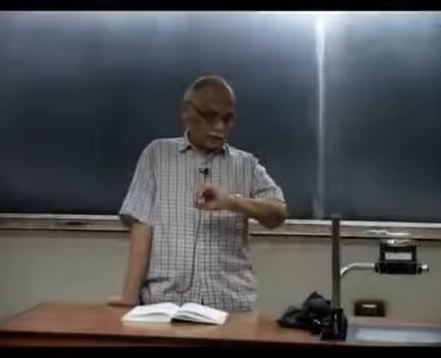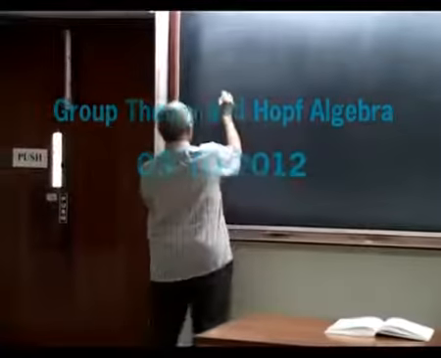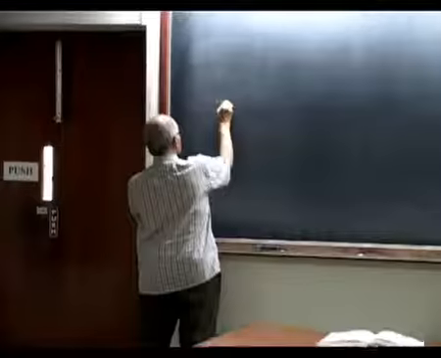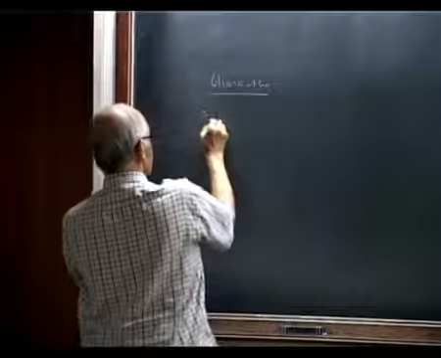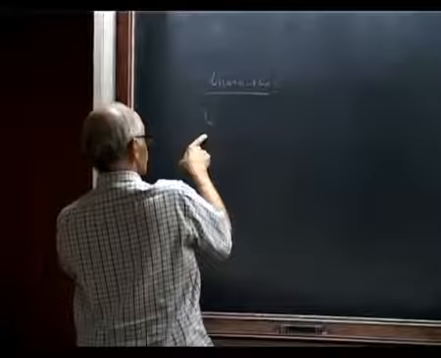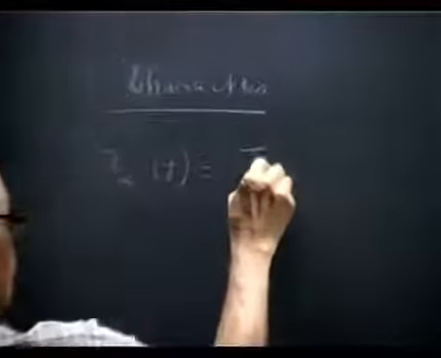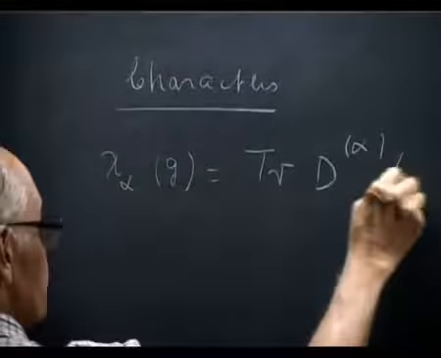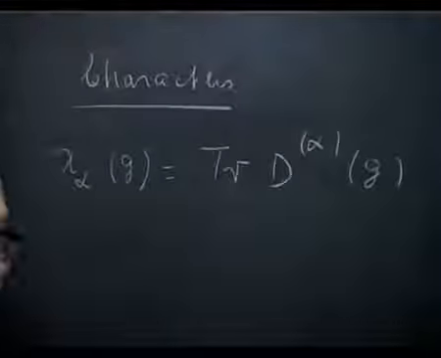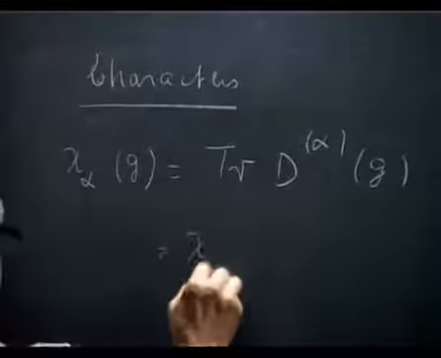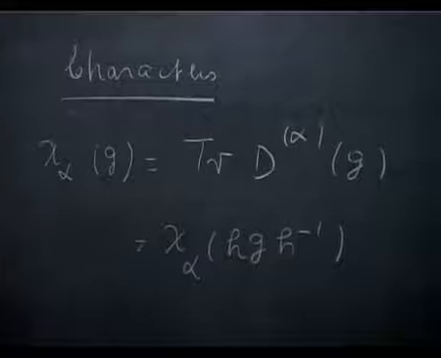So last time I was starting to do character theory. Remember we had characters chi alpha of irreducible representations, which is just the trace of the irreducible representation of G. It's a function on the group, which is a class function, that is chi alpha of H G H inverse equals chi alpha of G. We have seen this.